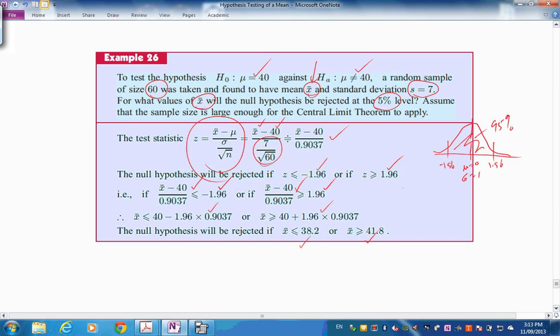By doing this, you're preempting, if you like, the Z test. When you get your mean, straight away you'll say, oh, it's too low or it's too high, we can reject the null hypothesis. It's just a little trick to think about having an x bar in mind at the edge of the rejection region.